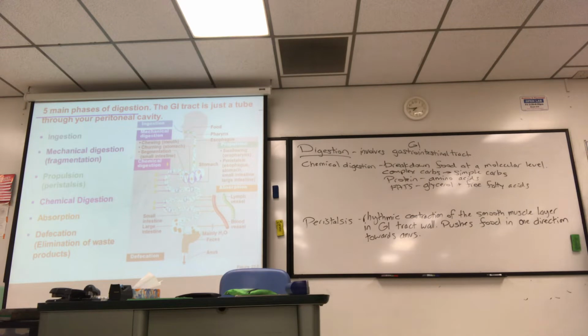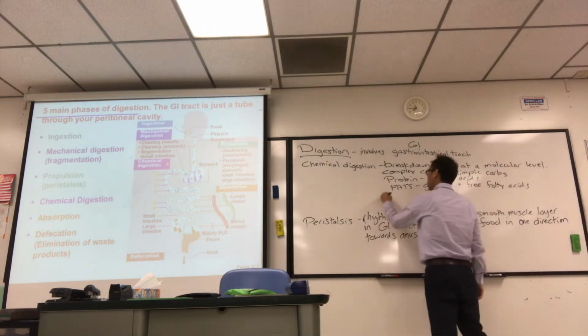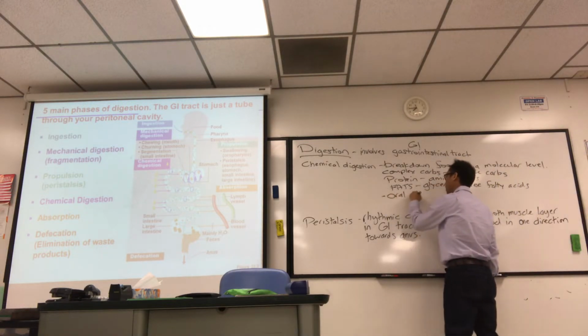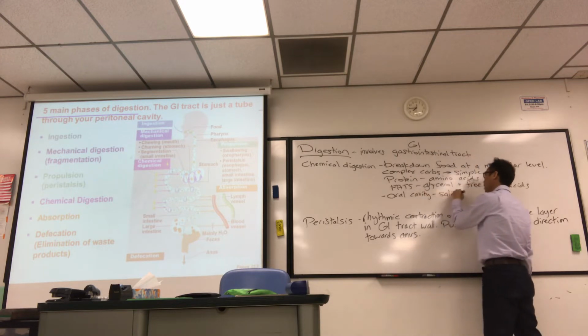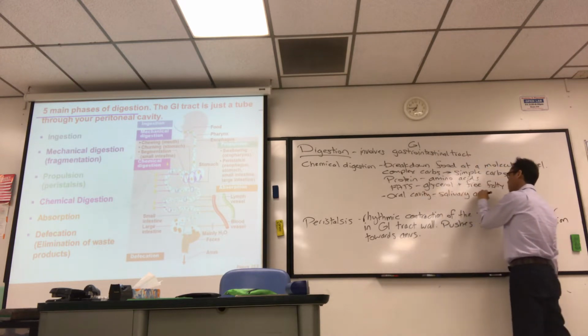Well, this chemical digestion actually begins in the oral cavity because saliva contains salivary amylase, which can start to break down some of the starches. So, oral cavity has salivary amylase.